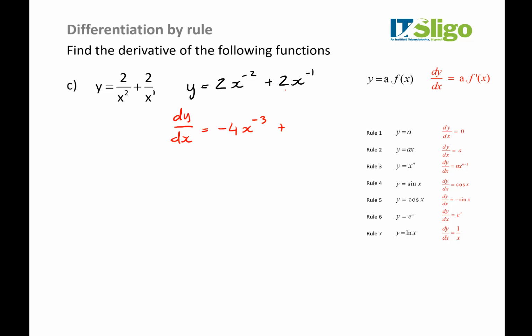Minus 1 by 2 gives me minus 2. And then add minus 1 to the power. Now, like I said, it's good manners to write it back in the old form. So this will be minus 4 over x cubed, and then minus 2 over x squared.